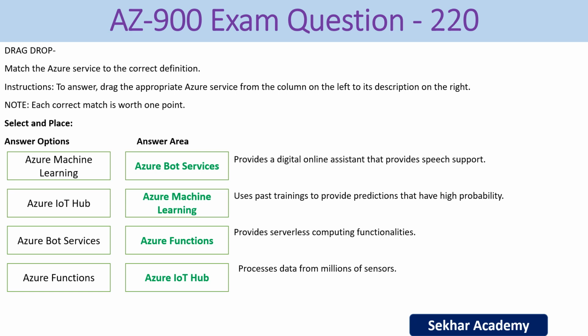So we can utilize Azure Bot Services here. And then predictions can be done in Azure Machine Learning, and then serverless computing, which is Azure Functions in Azure Cloud, and then the last one is Azure IoT Hub, with which we can process data from millions of sensors.